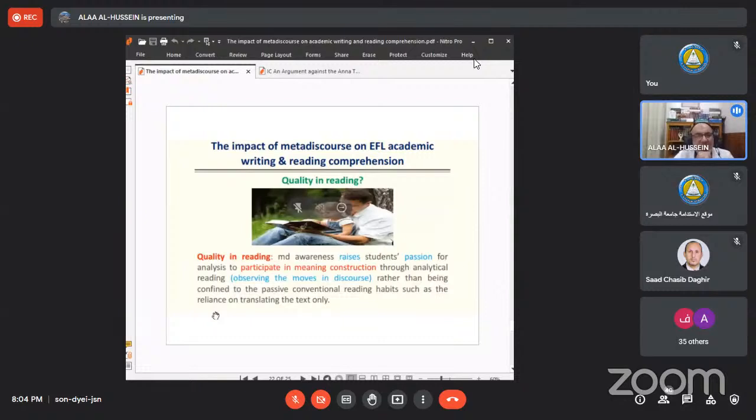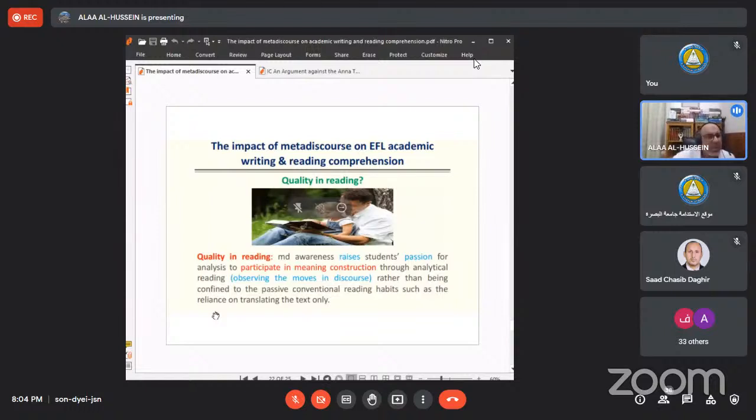And also, I think finally, quality in reading, meta-discourse awareness raises students' passion for analyzing the text, to participate in meaning construction through analytical reading, observing the moves in discourse rather than being confined to the passive conventional reading habits, such as the reliance on translating the text only.